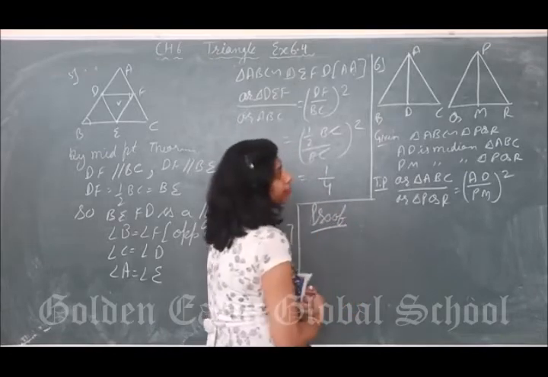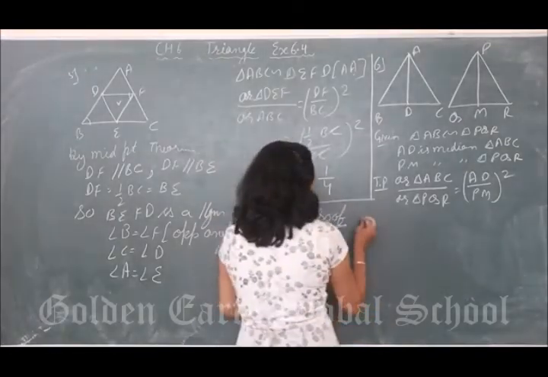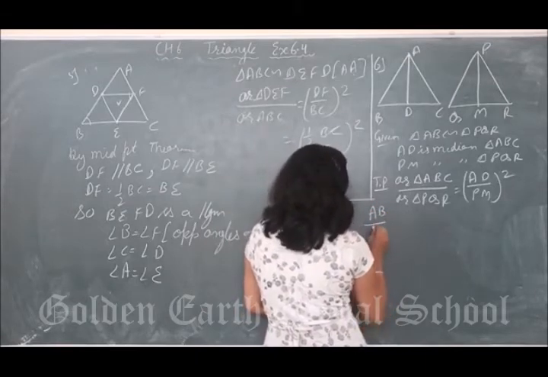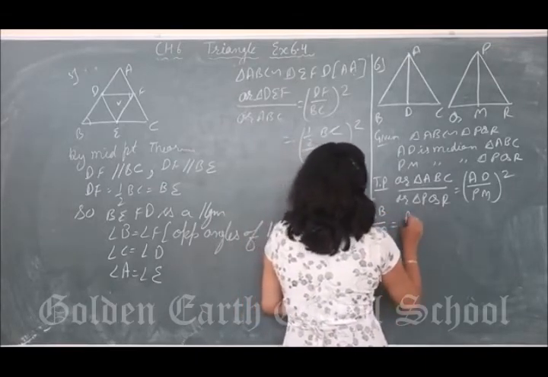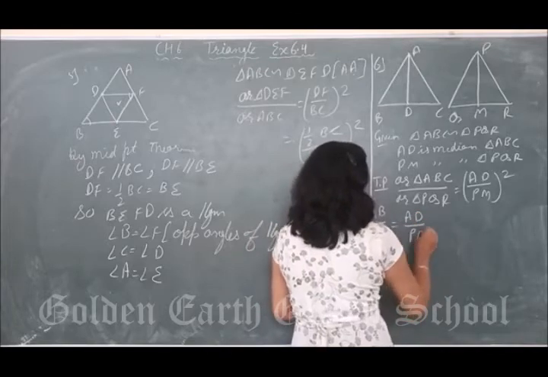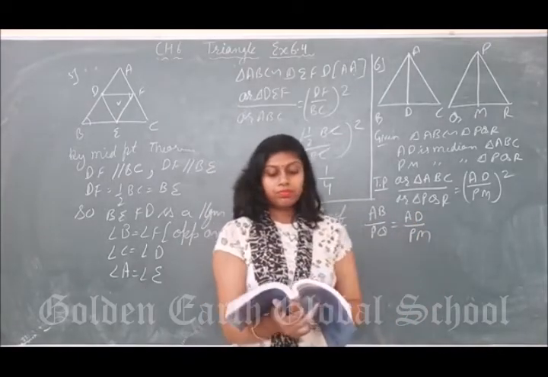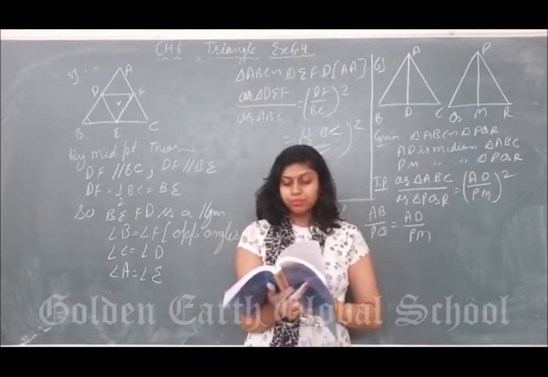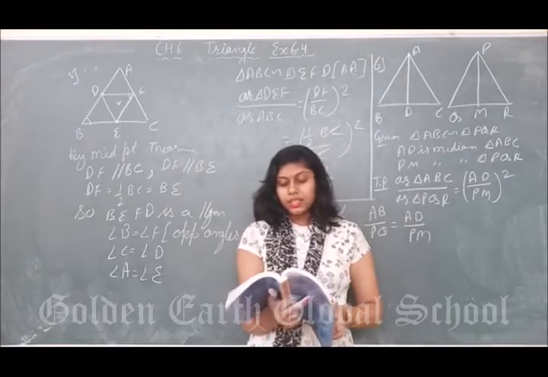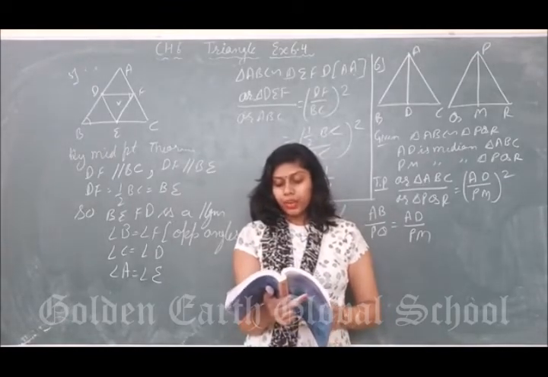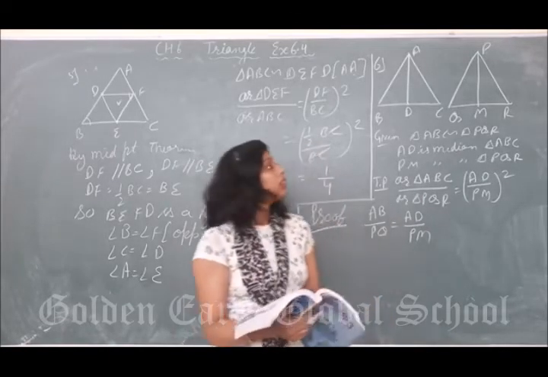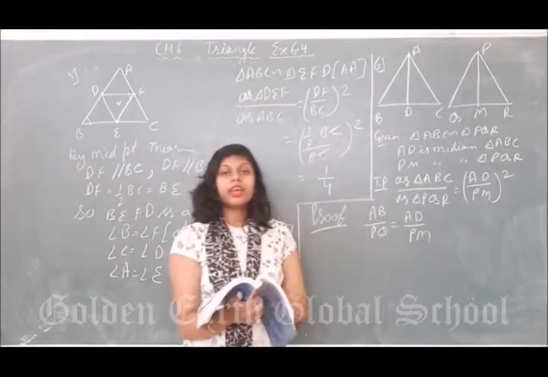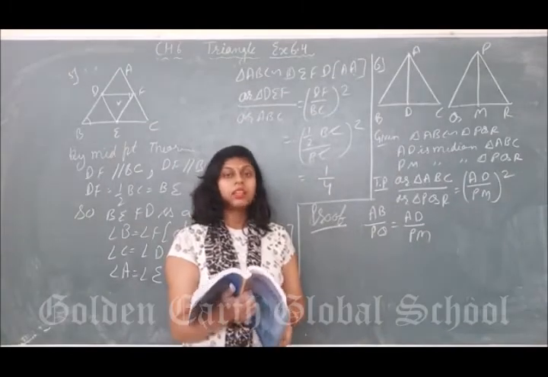We know that if two triangles are similar, then we can write AB upon PQ is equal to AD upon PM. So from where does this result arise? In exercise 6.3 there is a last question. If two triangles are similar, then the ratio of sides is equal to the ratio of their medians. We had proved it in the last question 16.